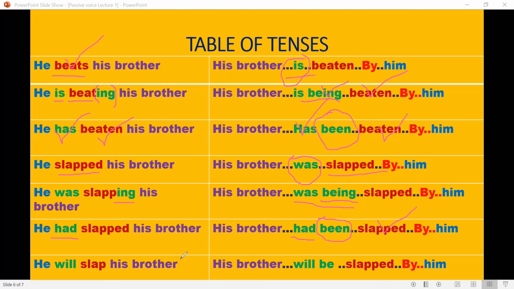He will slap his brother. So we use be in addition to show that this is a passive voice of future indefinite tense. We use be with it.